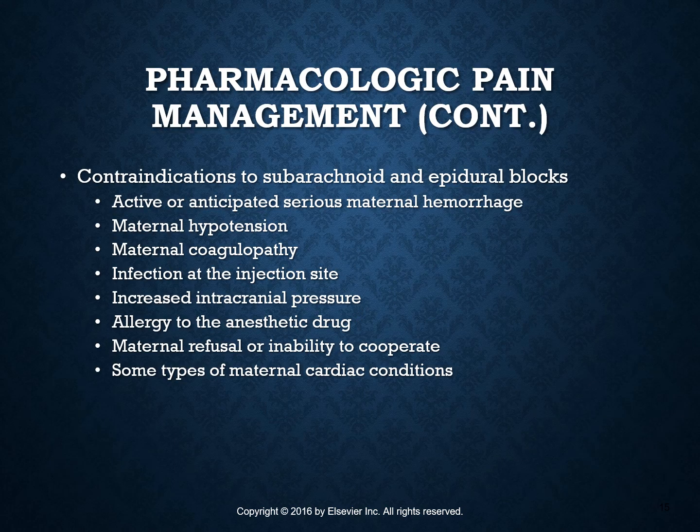Okay, so contraindications to subarachnoid and epidural blocks. So this is just basically anything going into the patient's back. If they have an active or anticipated serious maternal hemorrhage, maternal hypotension, maternal coagulopathy, infection at the injection site, increased intracranial pressure, allergy to the anesthetic drug, maternal refusal or inability to cooperate.